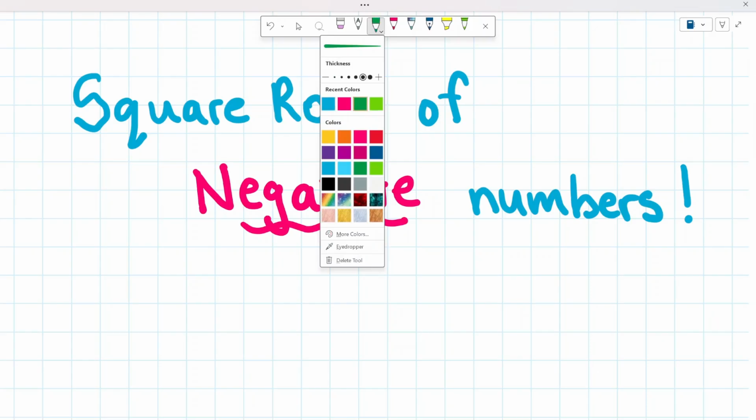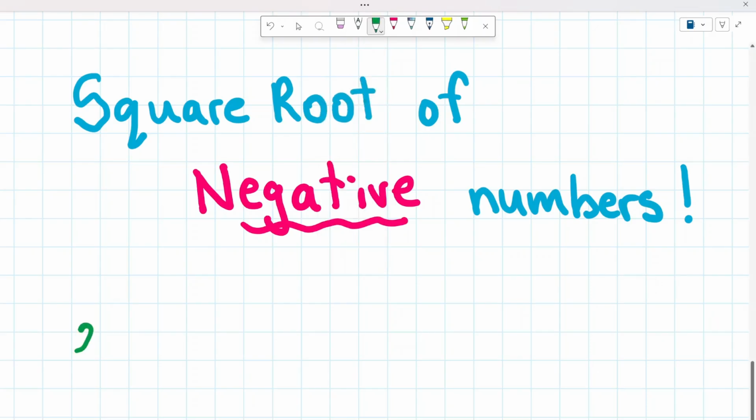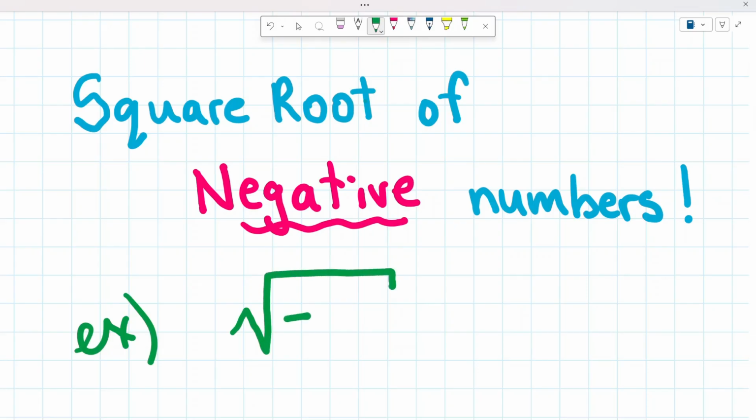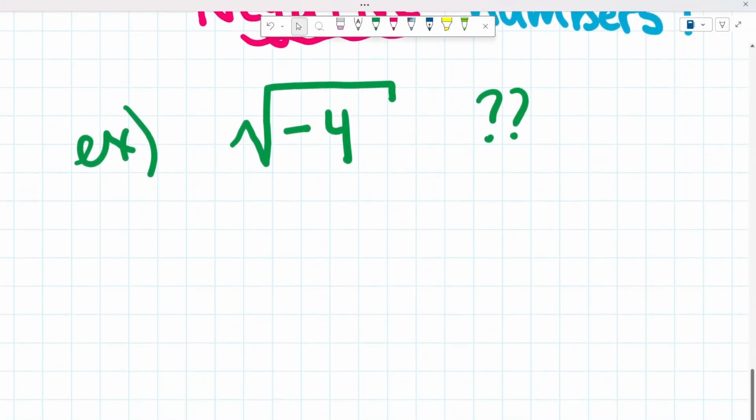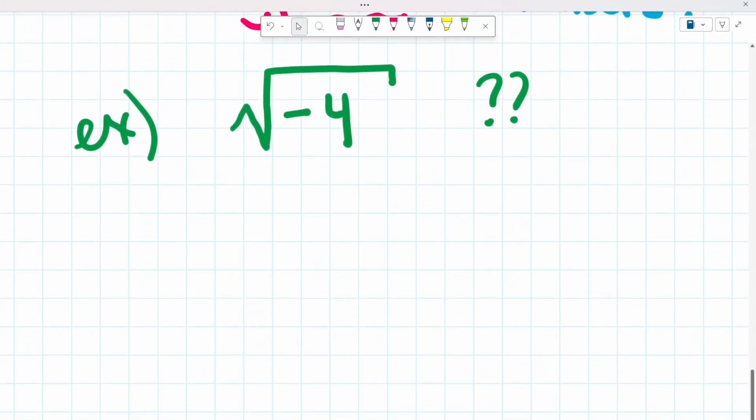So let's start with an example right over here. What if we have the square root of negative 4? What does this equal? Again, first instincts, you might be thinking, okay, this is not possible, skip it and move on. But let's take a moment and actually use some laws of square roots and multiplication to really break down what's going on here.